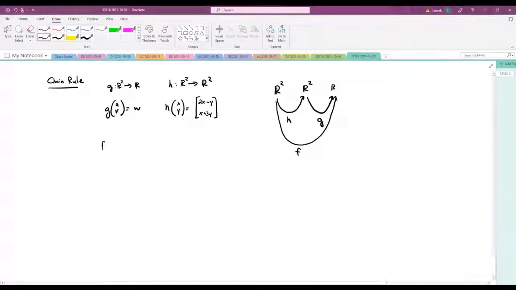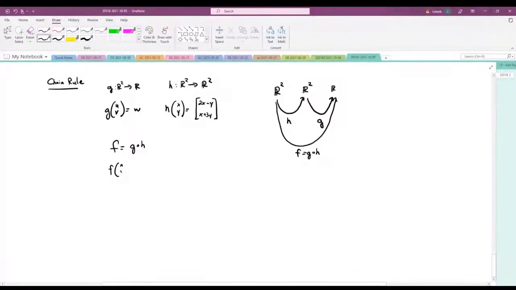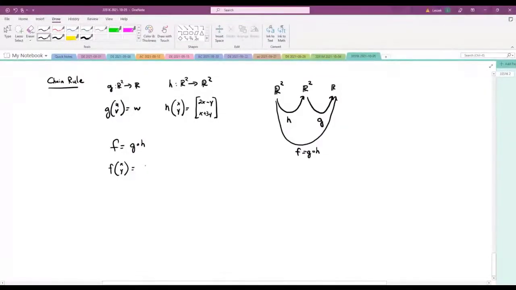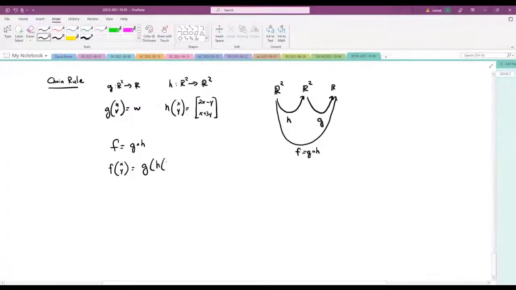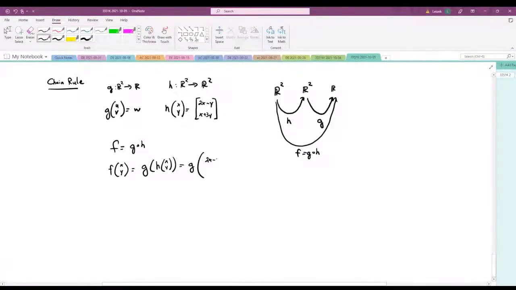Now we're going to create a new function of x and y that is the composition of G and H. So we see that f is a function of x and y ultimately, but it's G evaluated at h of xy, where h of xy returns a first coordinate 2x minus y, the second coordinate x plus 3y.